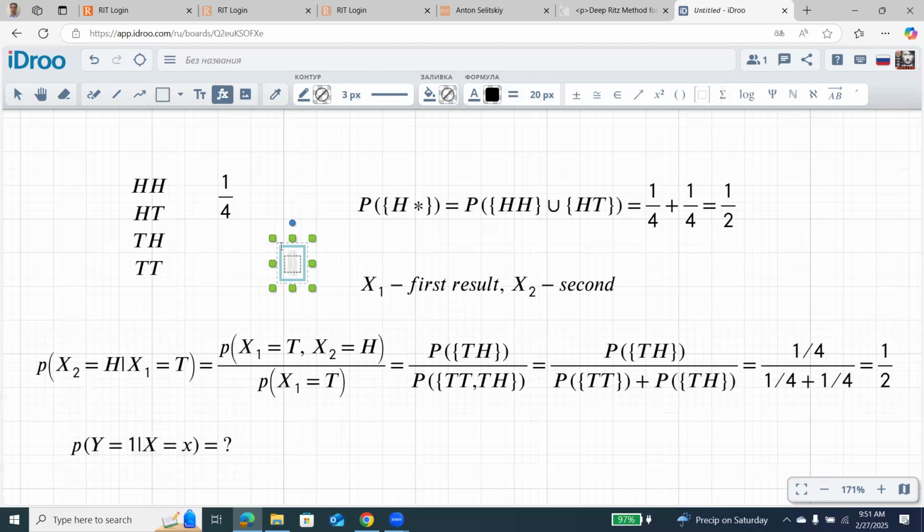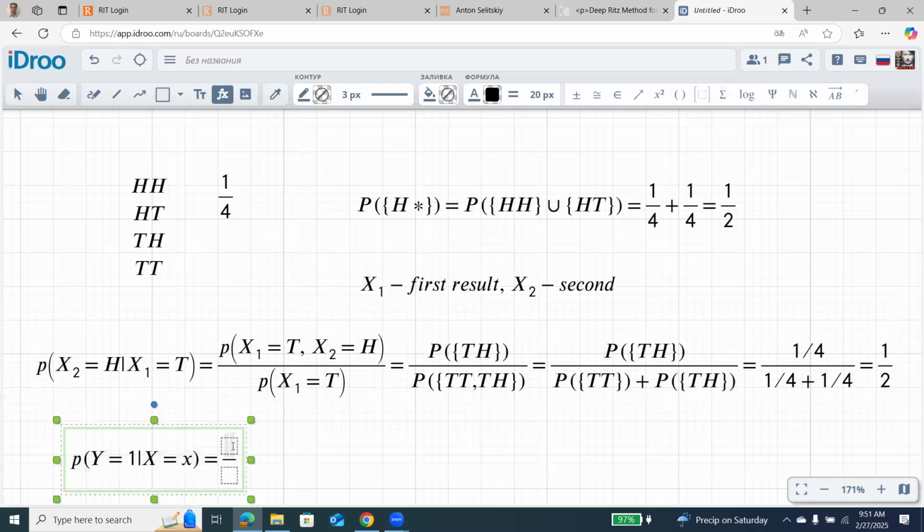Let's just use this definition. It will be a joint probability of the class and features over the probability of the condition of the features. And usually people just avoid writing random variable x equals value x, and they just write p of x. But this is actually the meaning.